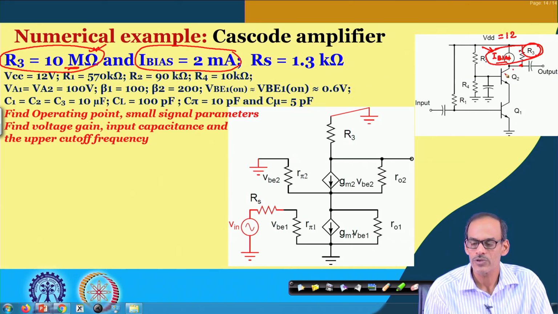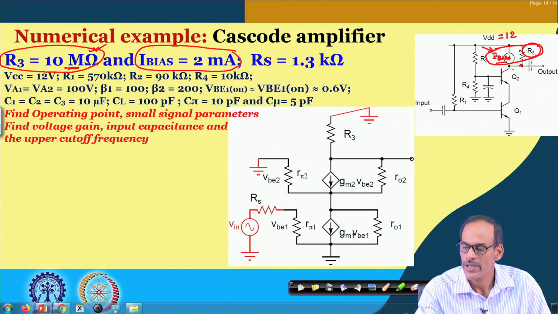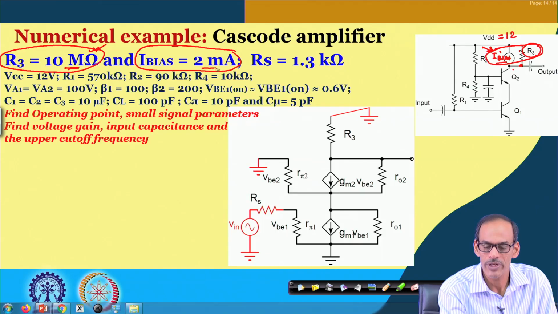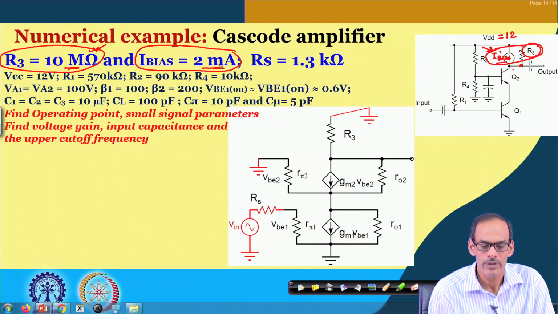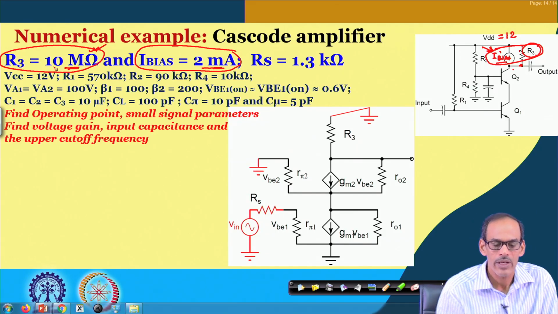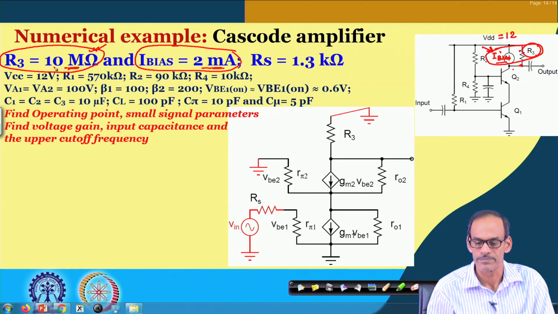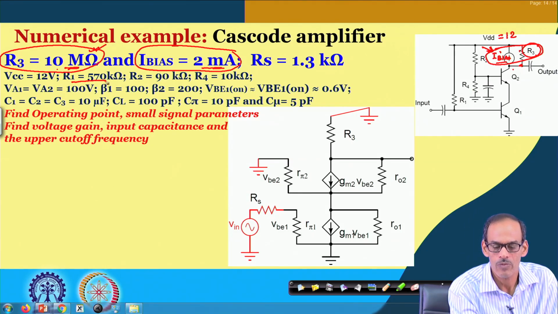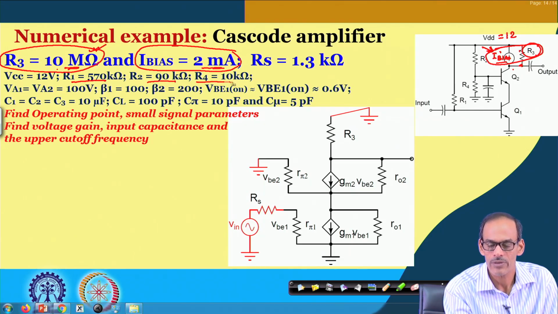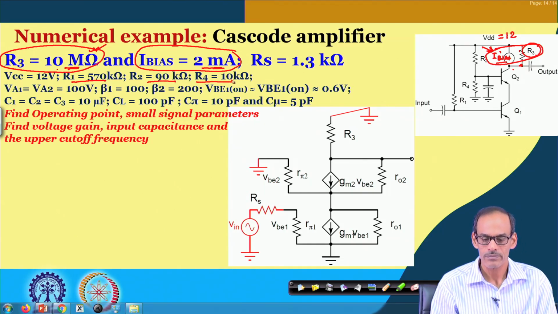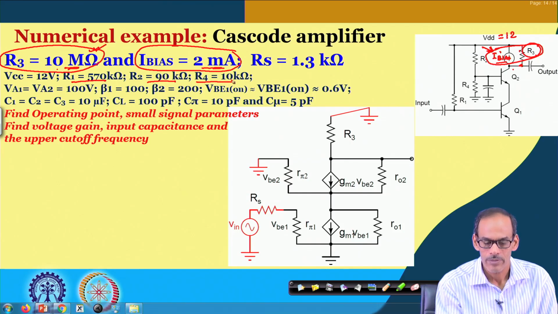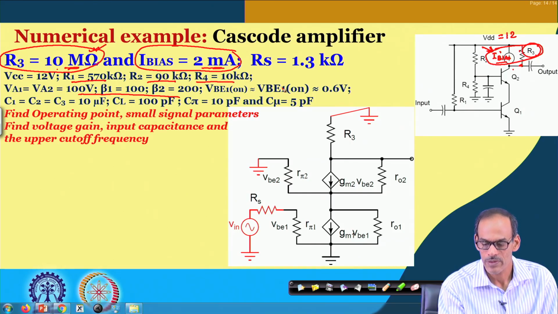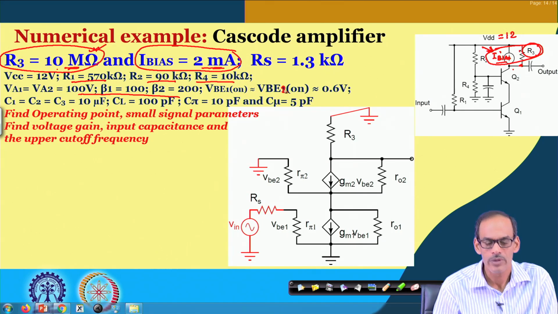For the time being, let me assume that the bias circuit has two parts: one is a 2 milliampere ideal current source in parallel with a 10 mega ohm resistance, and the rest we are keeping the same, namely R 1, R 2, R 4 and so on. All the device parameters we are also retaining the same. Sorry, this should be BB 2.